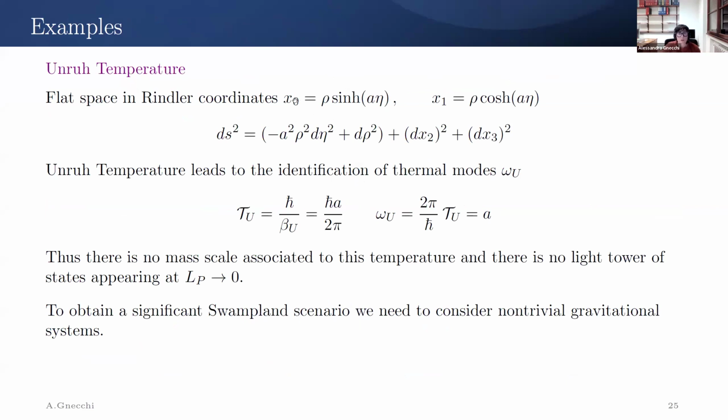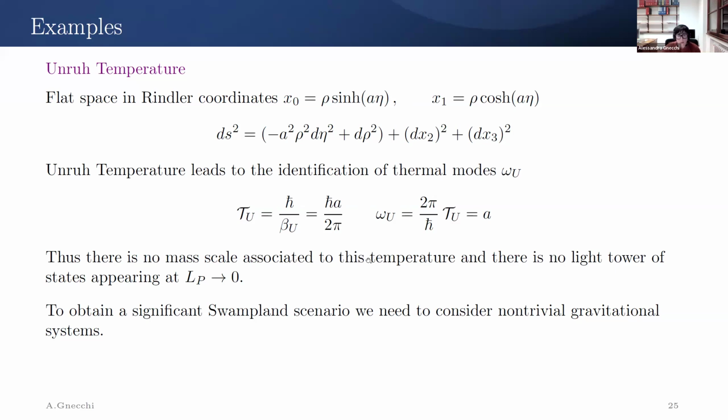This means that we're describing our flat spacetime in terms of these parameters. This is our world line. And then in these coordinates, it looks like we have a thermal state. And this thermal state has an associated thermal entropy, which is called Unruh. This is the Unruh effect.